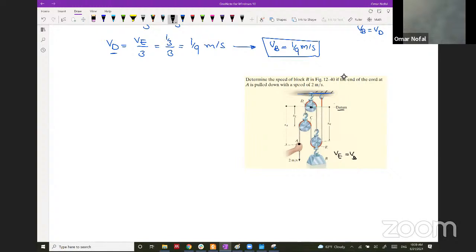And we have 2 ropes. The first one is this one, and the second one is this one. So we need to construct 2 equations, one for each rope, because each one has a constant length.